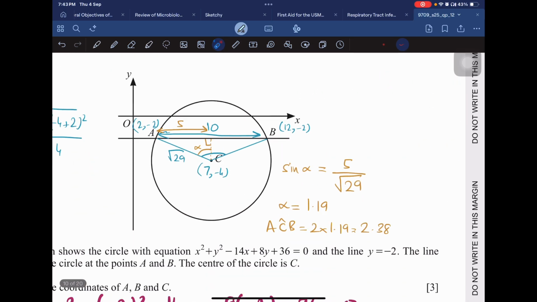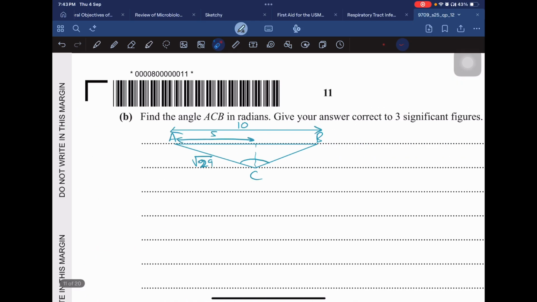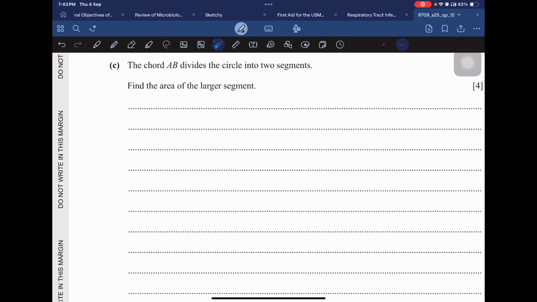So if we consider this angle, it will be 2 pi minus 2.38. So I'll first work on large sector. The angle is 2 pi minus 2.38. So 3.90.